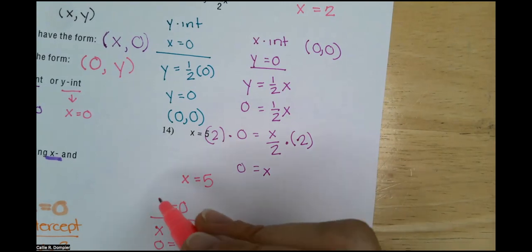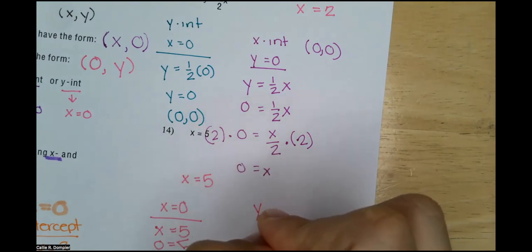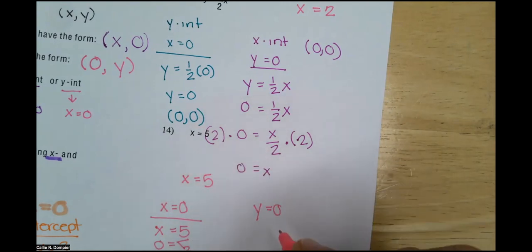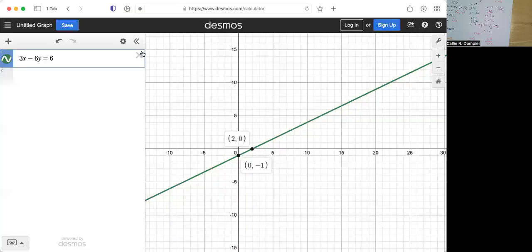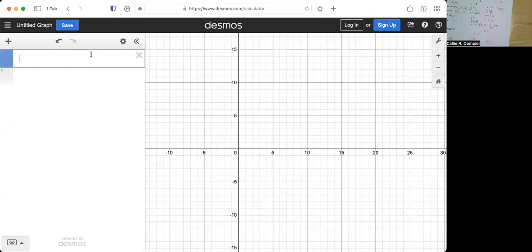It's not true, right? And what if y equals 0? To find my x-intercept, x is still equal to 5. So x equals 5 is just the line straight up and down on x equals 5. All right, so it goes up and down forever.